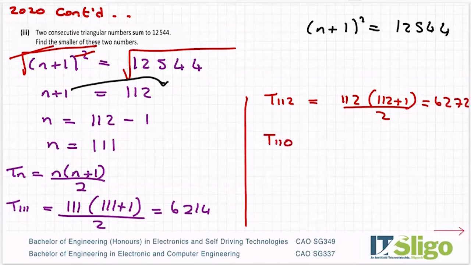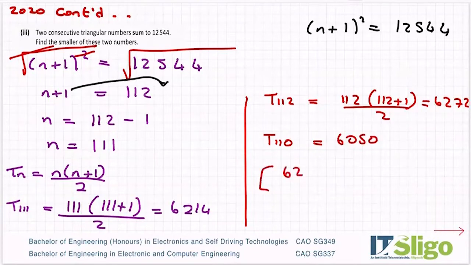And I would also check T110. What I'm doing is, it told me to find the smaller of these two numbers, and I'm wondering, is T111 the smaller or the larger? Because obviously I have to add two numbers together to give me 12544. So I'm going to check T110 now, and I'm getting 6050.